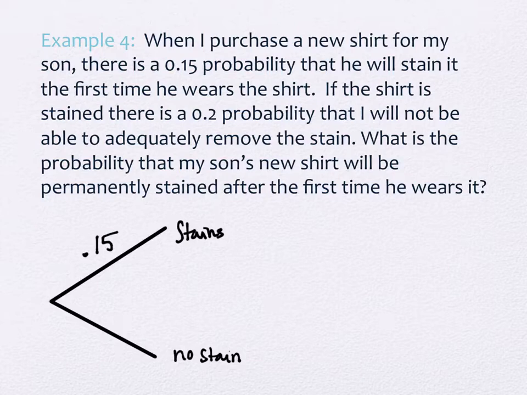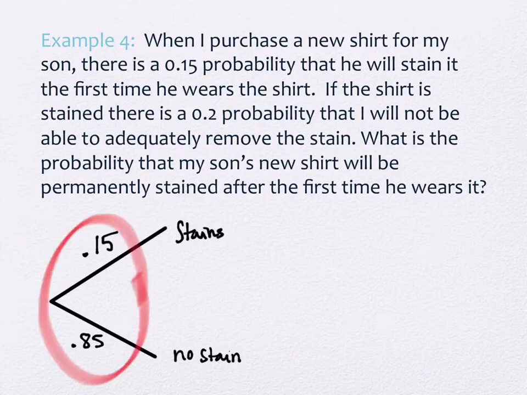So what is the probability that he wears the shirt and he doesn't stain it? 0.85. How did you get 0.85? 1 minus. Yeah. So remember, every set of tree branches has to add up to 1. So you can get the other piece when there's two branches simply by subtracting.